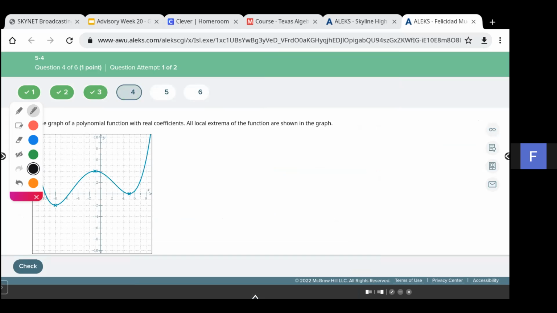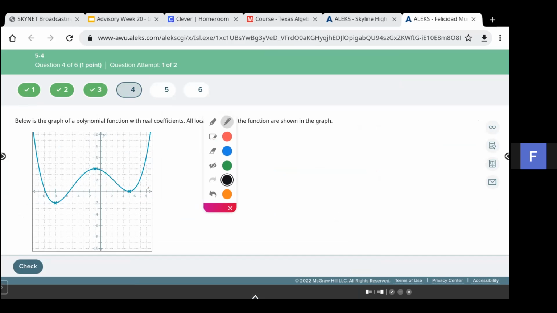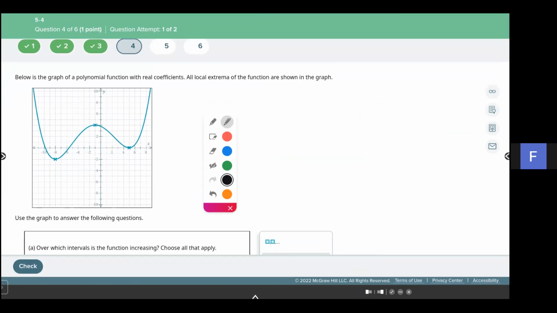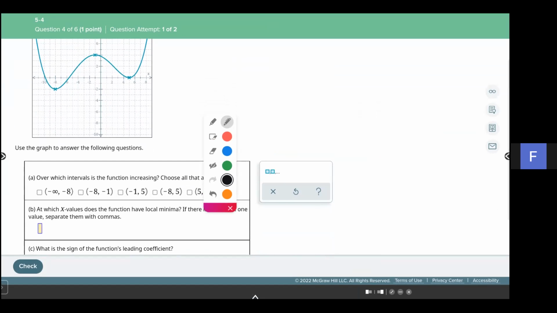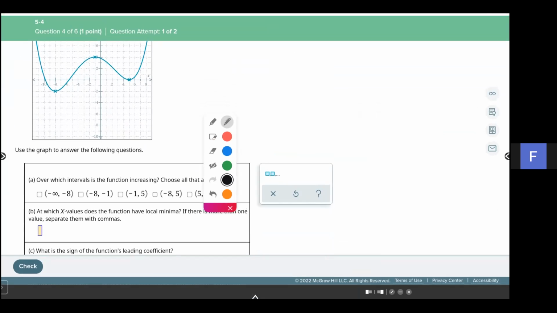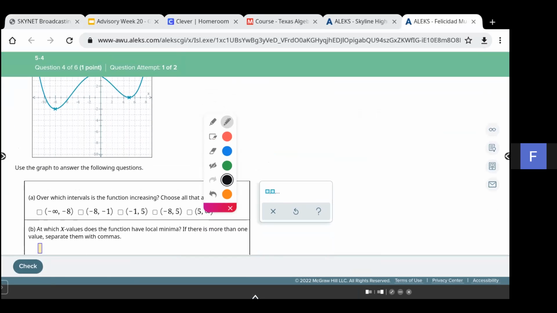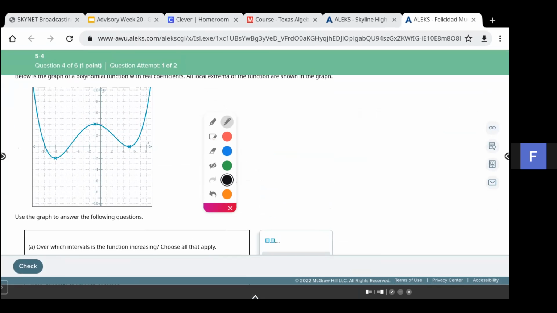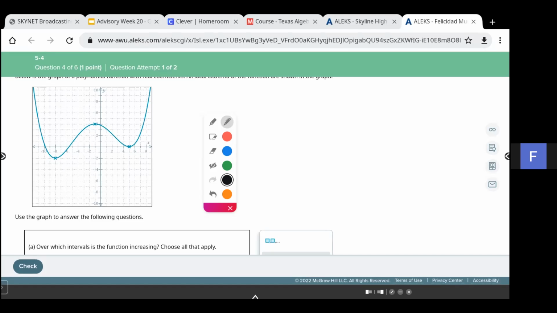All right, so taking a look here on question 4. We just want to know on which intervals is it increasing, and to select all that apply. So I'm looking for my positive slope. So I can see it's from negative infinity. So my positive slope is from -8 to -1, and from 5 to infinity.